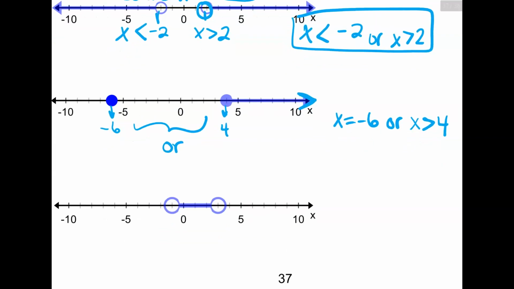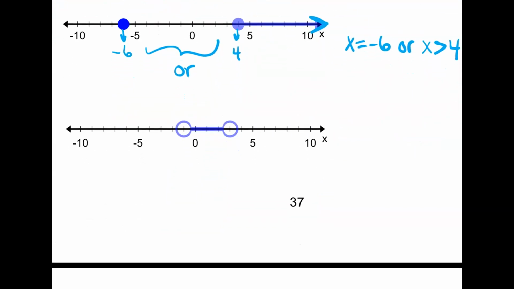Josie, about this third one, what type of compound inequality will it be? It'll be an and, because it's literally connected. Since it's connected, it'll be an and. I see the two numbers that were centered around are -1 and, let's see, 1, 2, 3, at 3.